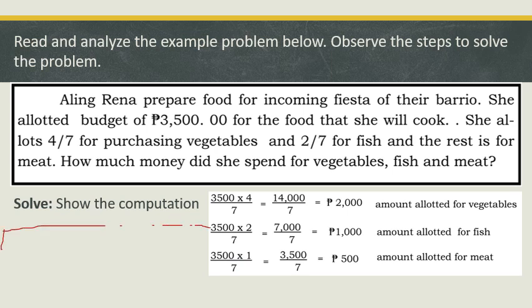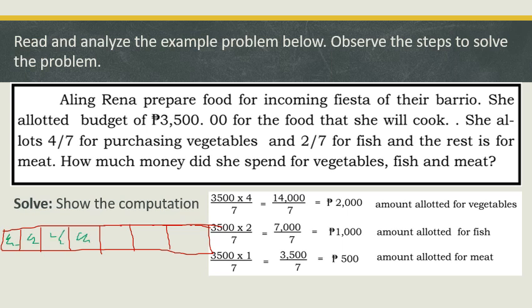So, dodrawing ko ulit dito. So, 1, 2, 3, 4, 5, 6, 7. So, assume natin magkakatulad lang yan ha. 1, 2, 3, 4, 5, 6, 7. So, isi-shade ko ng green yung para sa vegetable. So, 4/7 siya. 1, 2, 3, 4.